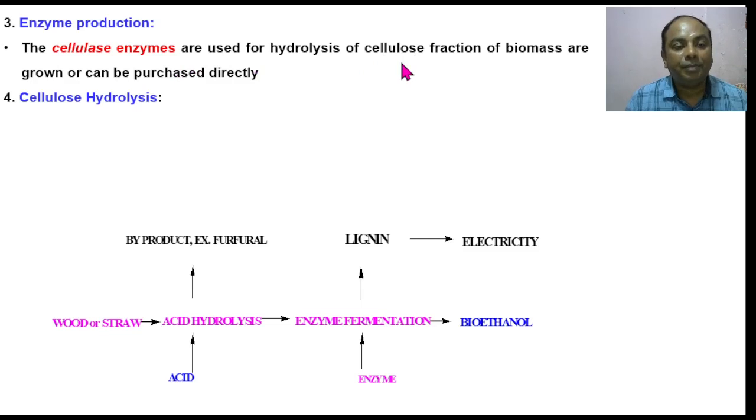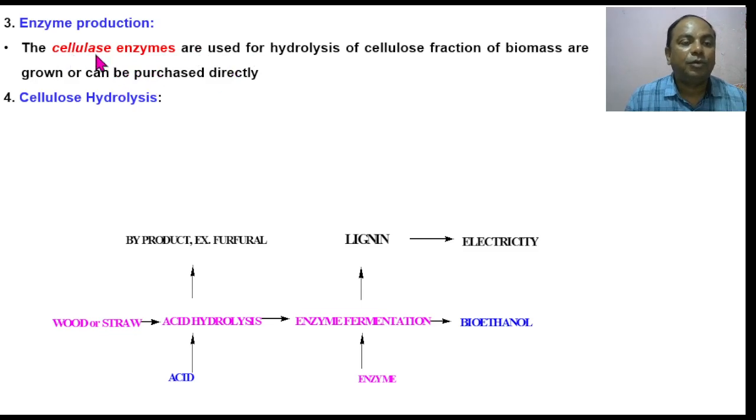So this may be grown in the premises where the hydrolysis or fermentation process of the sugar molecule is to be performed, or this can be purchased directly. The cellulase enzyme can be grown in the industrial premises, or it can be purchased directly.